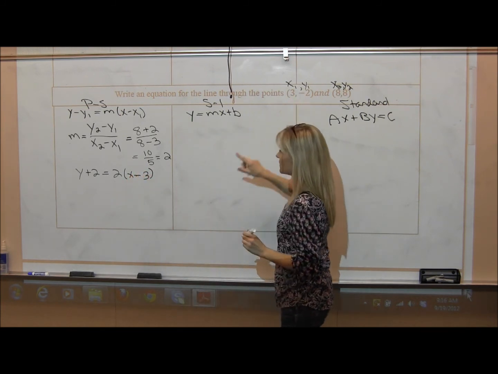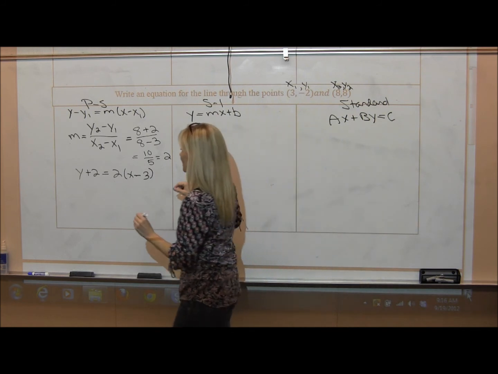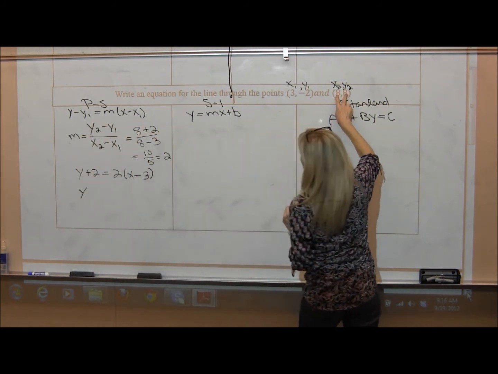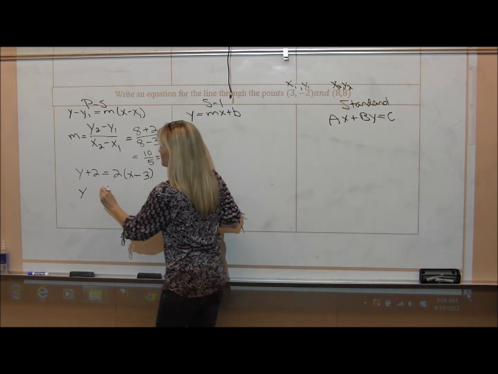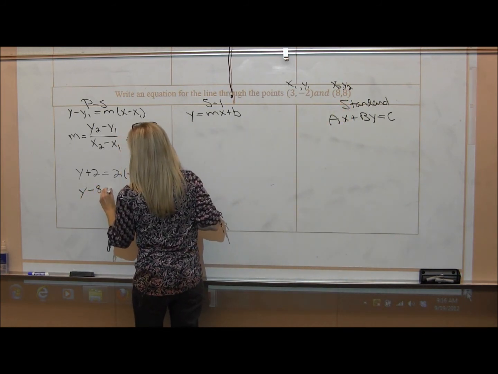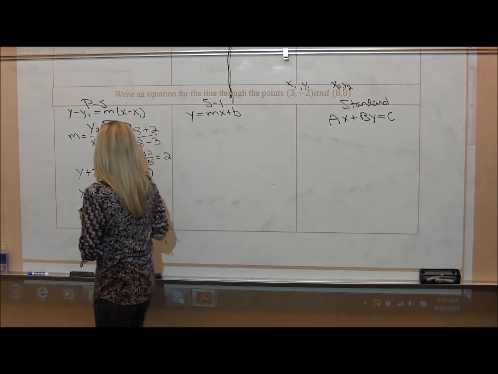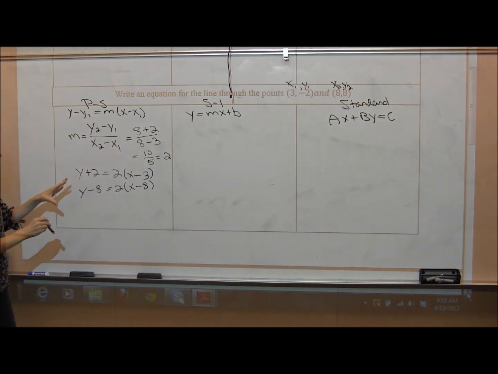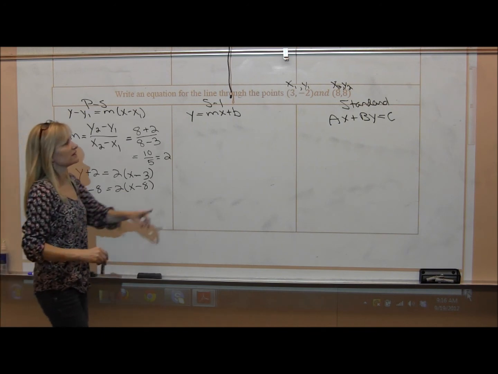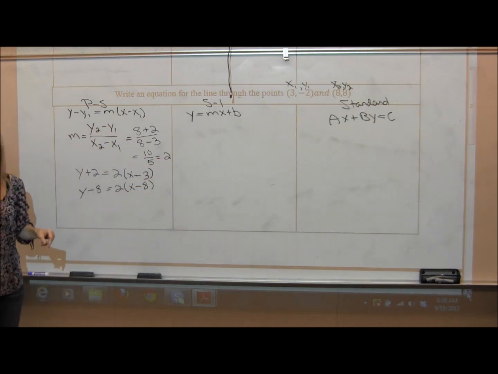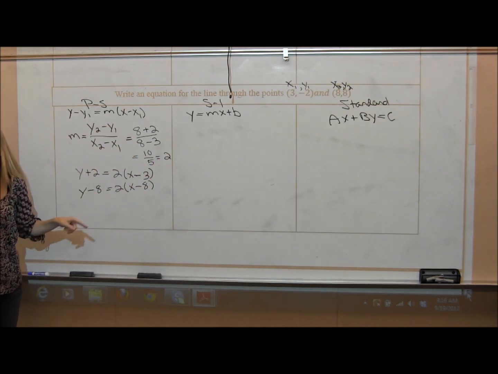Okay, so that's one formula. Now the other one that's also correct is I could just use these 2 8s as my points. So y minus 8 equals 2 times x minus 8. Now if you go and use the distributive property, it doesn't matter which one of these you use, believe it or not, you'll end up with the same line there. Okay, those are the same thing.